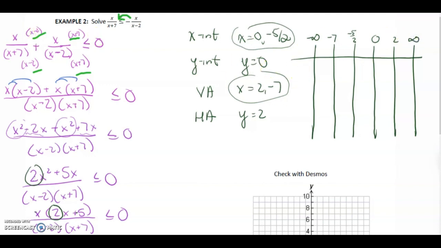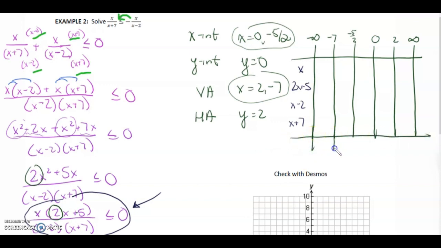And then down the side, we're going to put everything in the original equation, because we haven't canceled anything out. So we go x, 2x plus 5, x minus 2, x plus 7. And then we're going to test numbers in each one of these intervals.